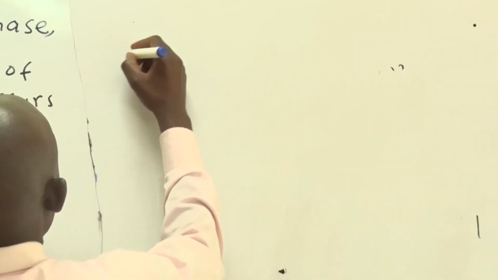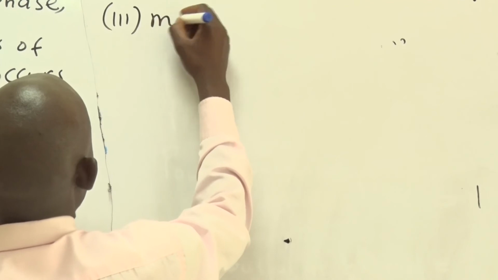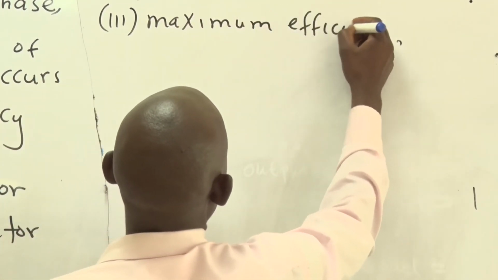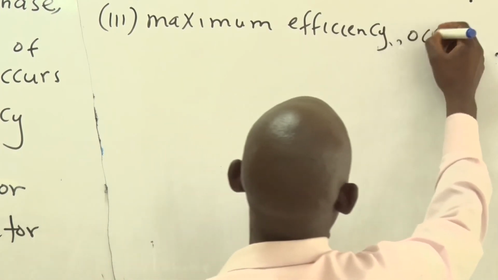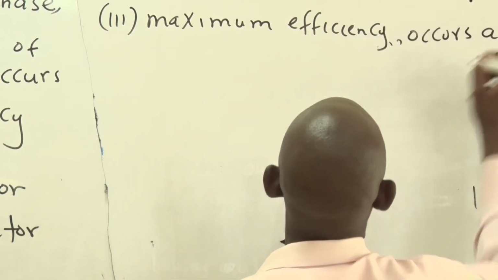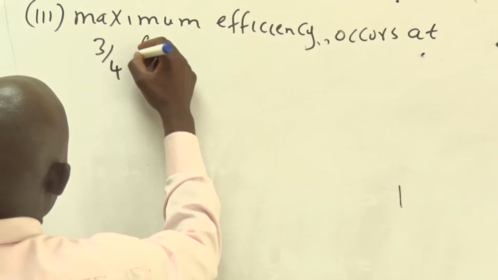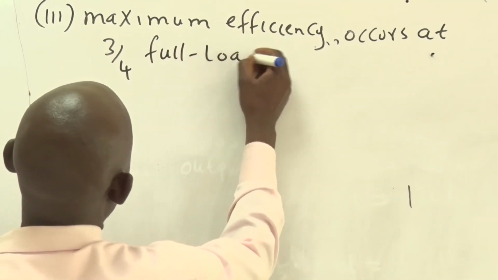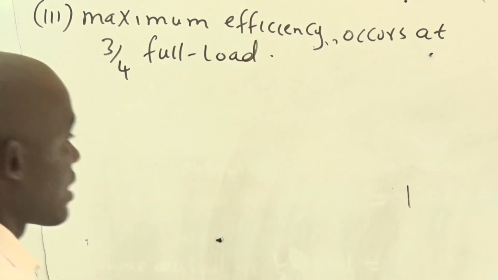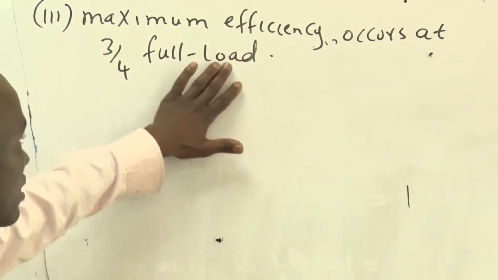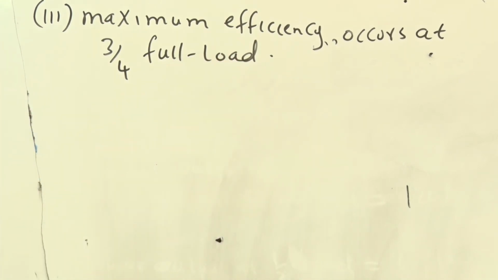That is Roman number 3, maximum efficiency occurs at 3/4 full load. So we need to determine the parameters for 3/4 full load for us to be able to get the efficiency at the maximum efficiency.